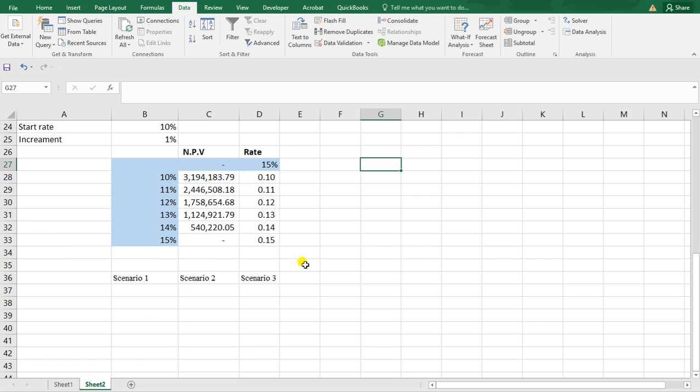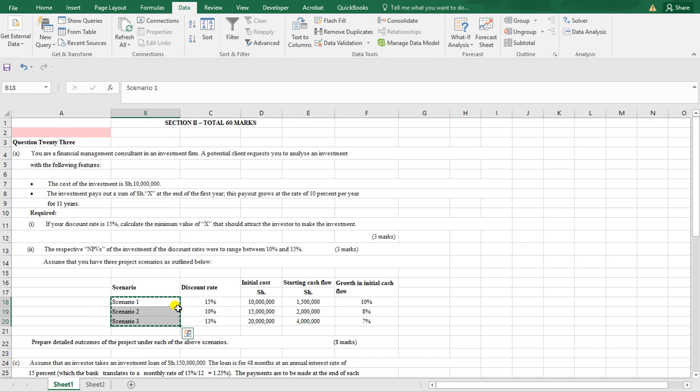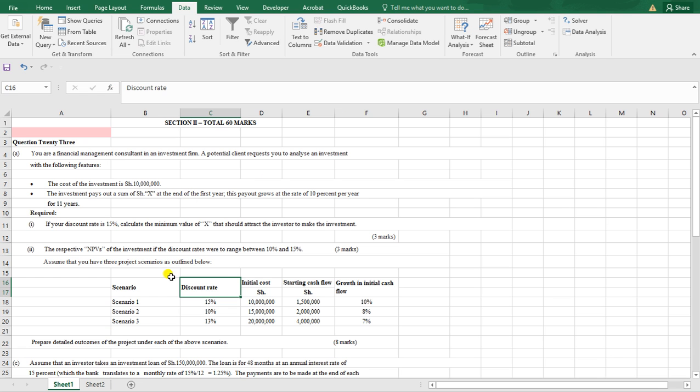Yeah, so basically these are what you're having, scenario 1, 2, and 3. At this point, if we were to talk of our discount rate, basically I just take our discount rate here. So these are basically our discount rate. We're having our initial and all these concepts.